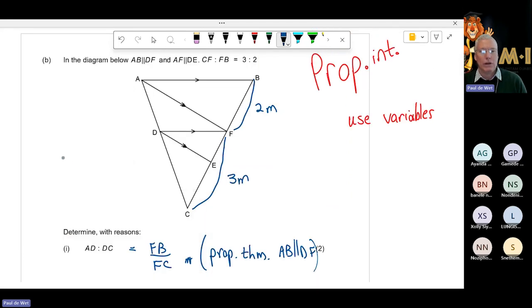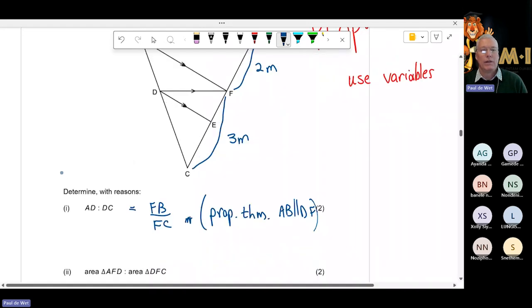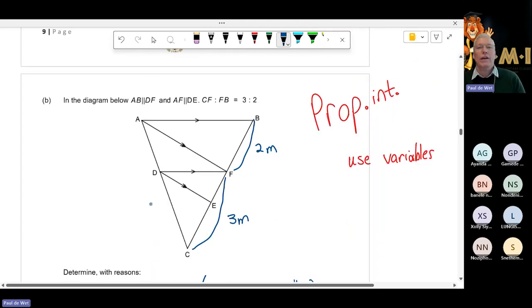3 over 2. 2K over 3, 2M over 3M, which is just equal to 2 over 3. Okay, great. So now, with that learner's help, I'm going to put a ratio on here, just to remind myself.